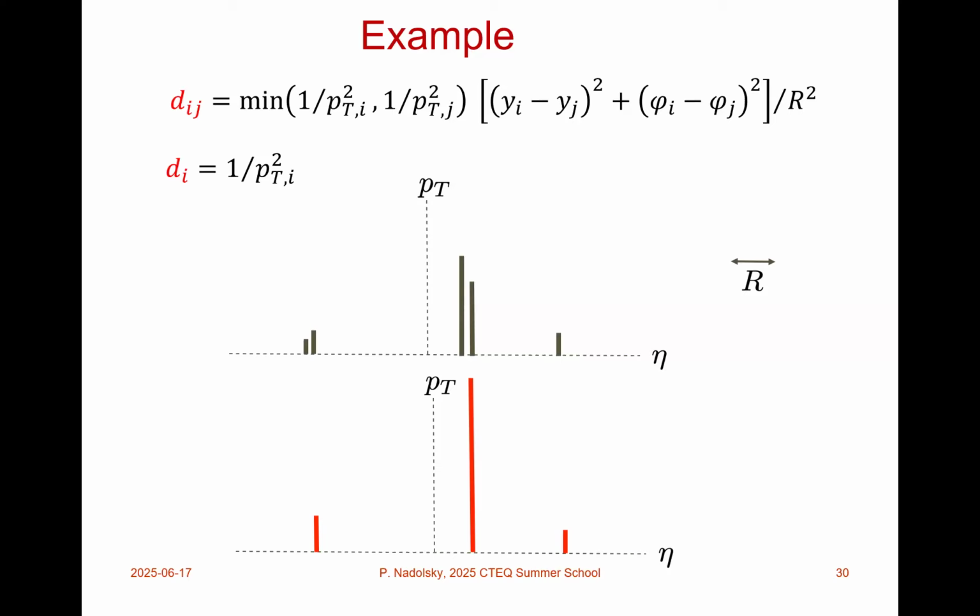You have two particles with low kT here, two particles with high pT here, and one particle with pT here. So first of all, you need to define what the jets are. For example, is this particle a jet or not?